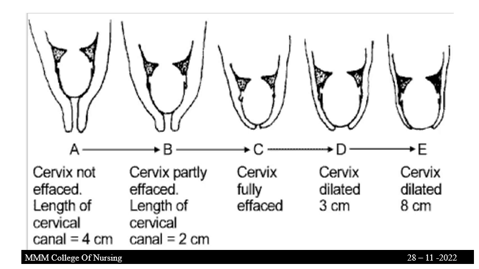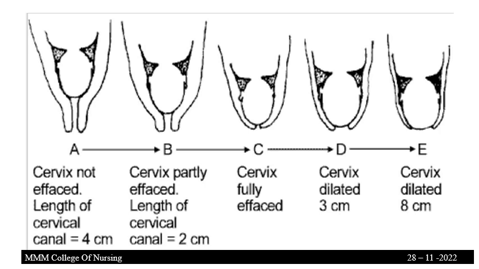Next is the dilatation. So this is the dilatation of the cervix. As you see from A to E, the space between the external os is increasing to accommodate the coming head. So this is called the cervical dilatation.